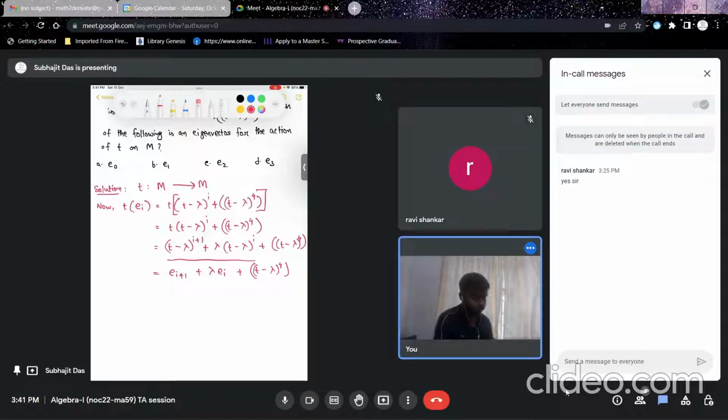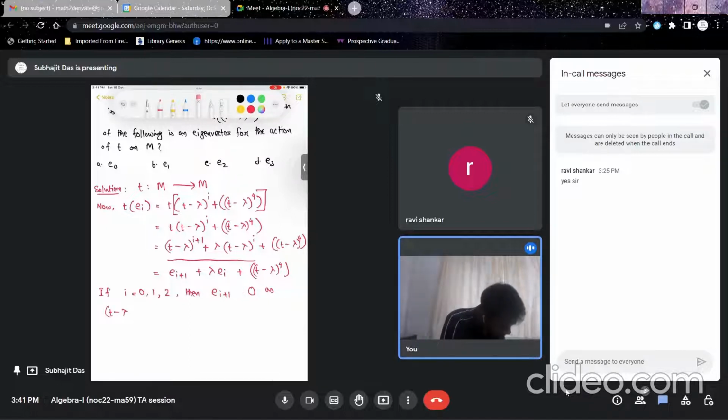So certainly if i is equal to 0, 1, 2, then e_(i+1) is certainly non-zero, right? As what is e_(i+1)? It's just (t minus lambda) to the power i plus 1 plus the ideal generated by (t minus lambda) to the power 4, and this is non-zero.